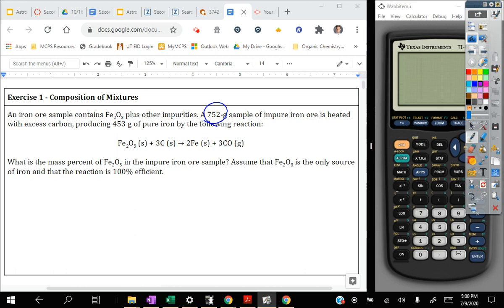I don't know what the mass of my impurities are, but I do know the mass of my pure iron. So if I have 453 grams of iron, I can certainly get that to moles. Anytime you're problem solving in a stoichiometry problem, just get grams to moles. That's just the rule of thumb. If you see grams, convert it to moles. You'll probably find something useful from there.